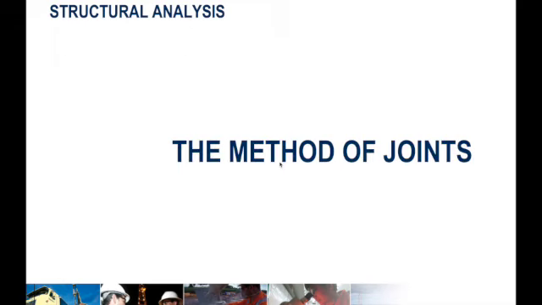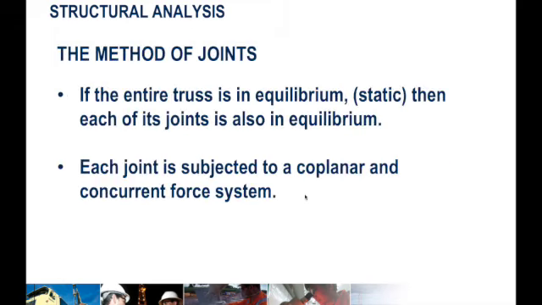Now let's go to the method of joints. The method of joints says that if the entire truss is in static equilibrium, then each of its joints is also in equilibrium. If you recall what we have done with the beams from our previous topic, we will extend that analogy to trusses.